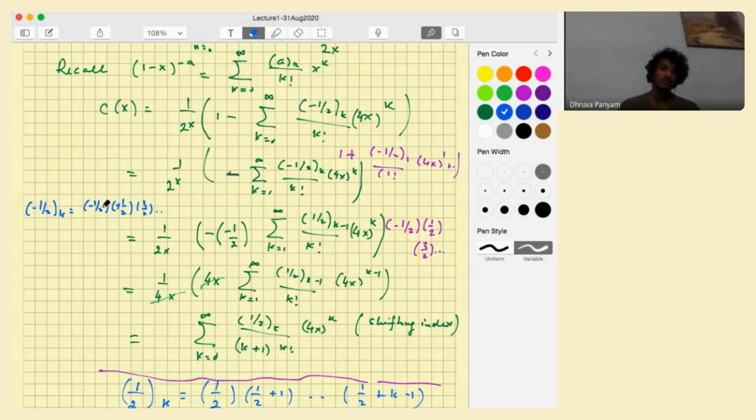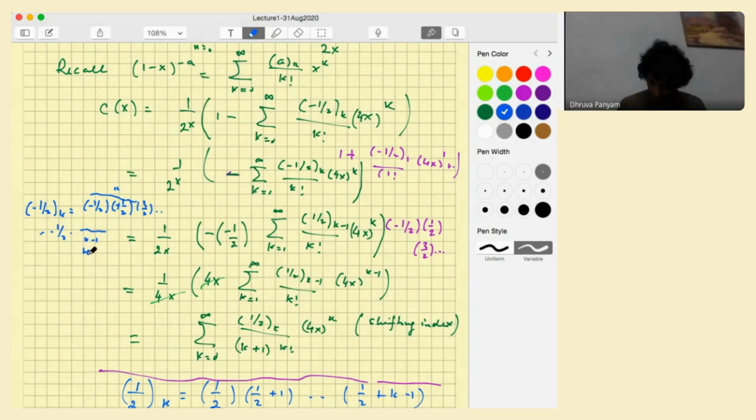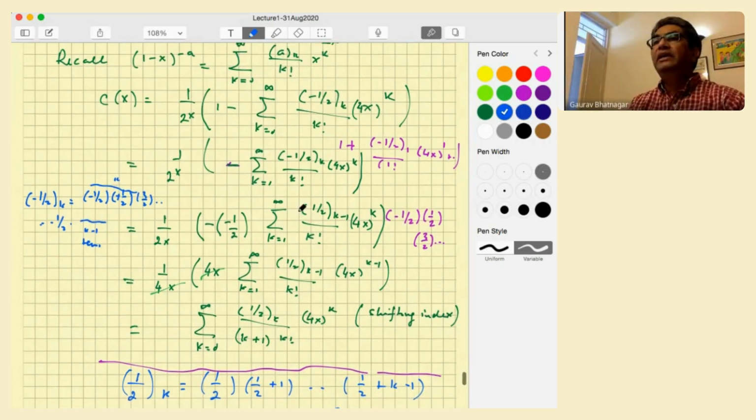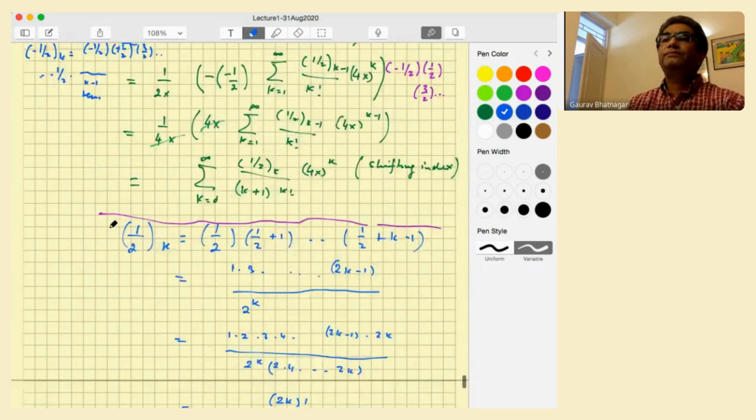These are k terms. So this is minus 1 by 2 times k minus 1 terms. Makes sense. And we can only do that because k is bigger than or equal to 1. So we already deleted the first one.